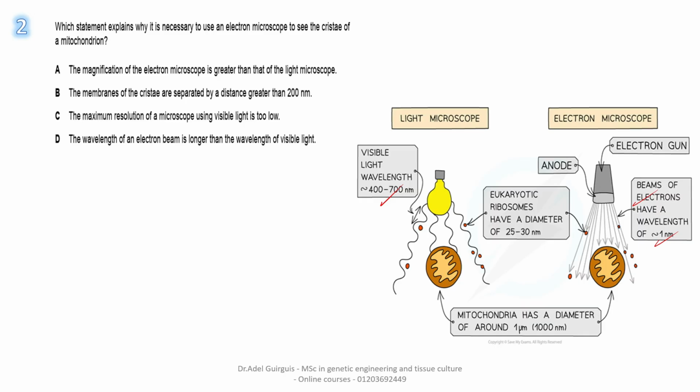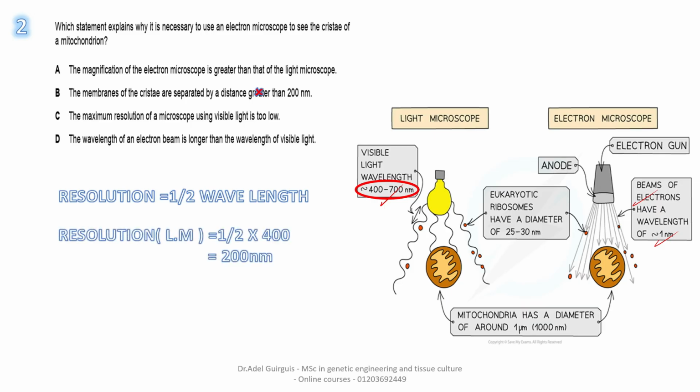So what's the relationship between the wavelength used in the microscope and the resolution of the microscope? Resolution equals half the wavelength. For the light microscope, we use the minimum wavelength, 400 nanometers, so half times 400 equals 200 nanometers.